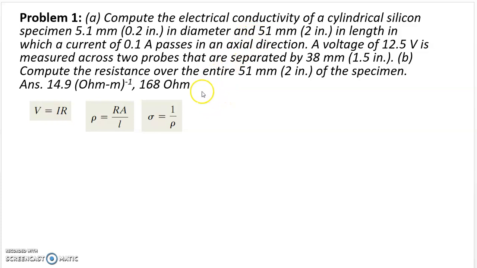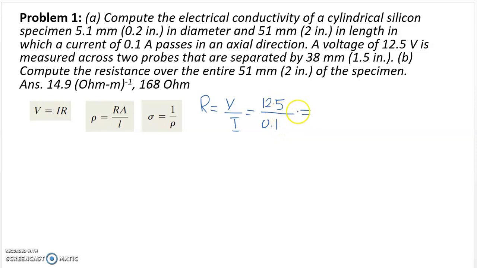So in this case, let's first find the resistance. Resistance will be equal to V over I. V is the voltage, 12.5. I is the current, 0.1 ampere.